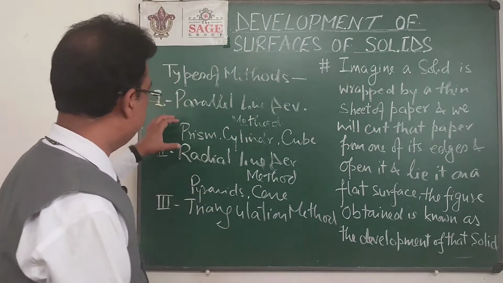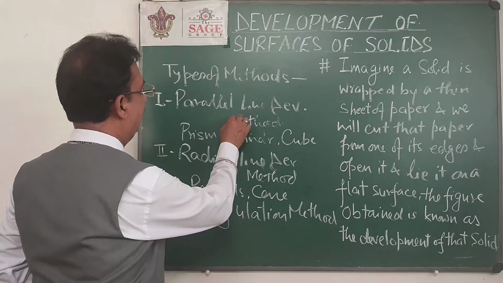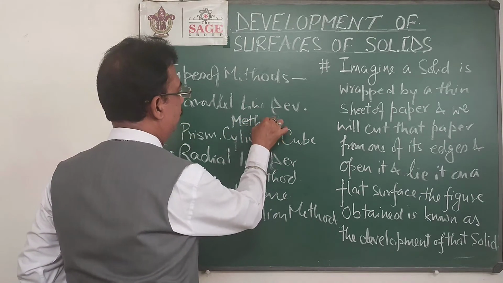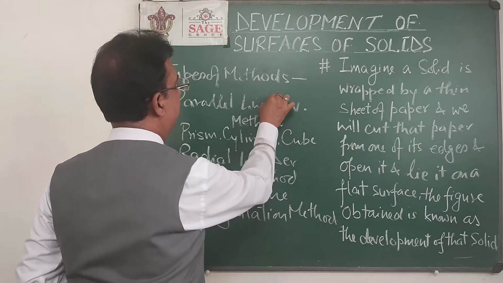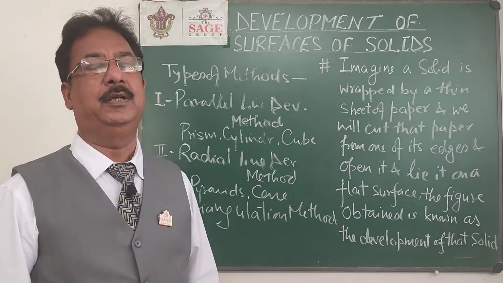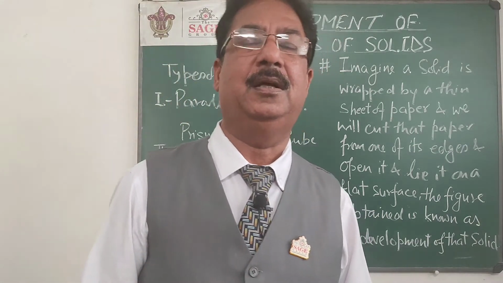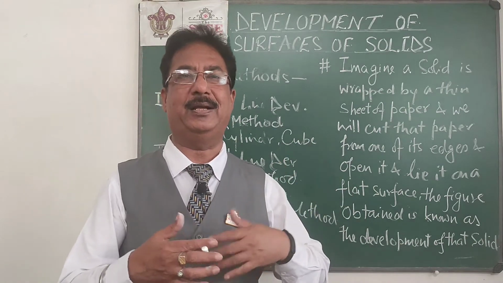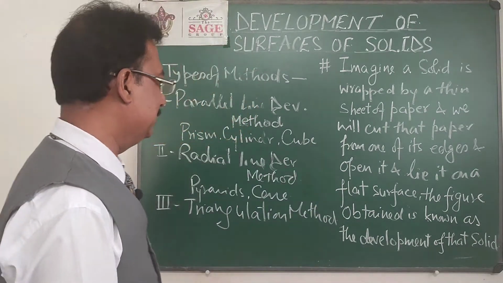So I am going to use these two methods, the parallel line development method and the radial line method. The triangulation method is used for developing transition pieces by dividing the object into a number of triangles, and then matching those triangles we can get the desired object.